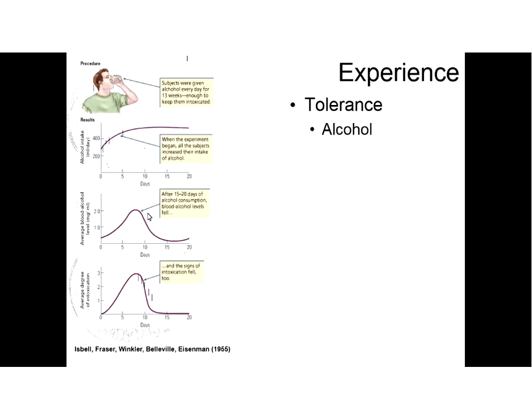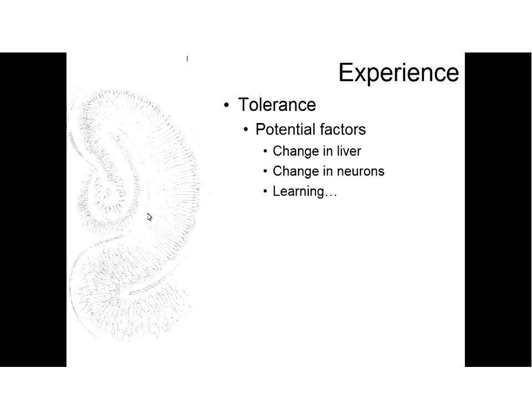I think the study demonstrates that. Obviously there are a number of potential factors that could contribute to this, such as changes in the liver, the way the liver could metabolize the alcohol and prevent the drug from staying in the central nervous system.